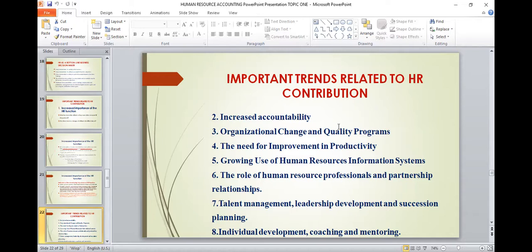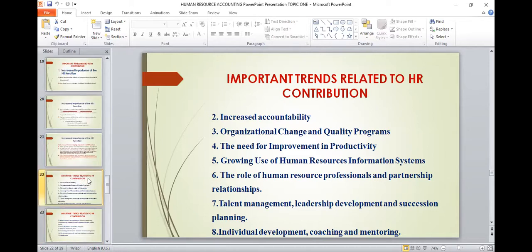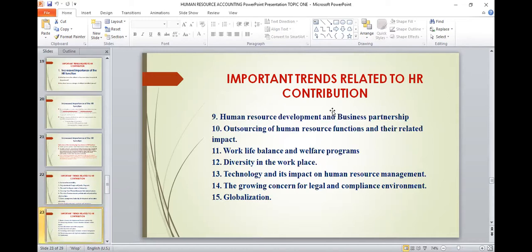There are a lot of organizational changes, and it is the HR department that will help the organizations to execute these changes. So this is another trend or improvement. There is also need for improved productivity, and quite a number of others. I will share with you part of these slides at the end of the discussion, so that you get to know some of the trends that HR is going through.